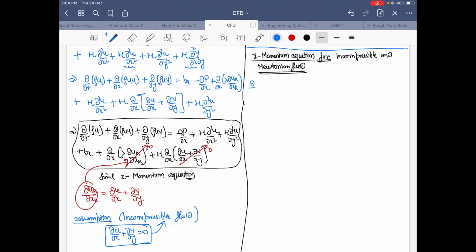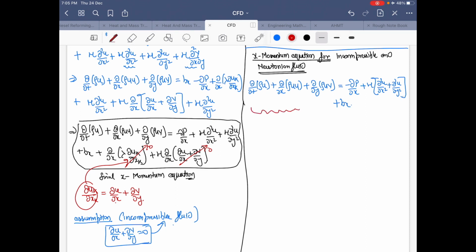So the final form is ∂/∂t(ρu) + ∂/∂x(ρuu) + ∂/∂y(ρuv) equal to minus ∂p/∂x plus μ as a common, ∂²u/∂x² plus ∂²u/∂y², plus body force term.